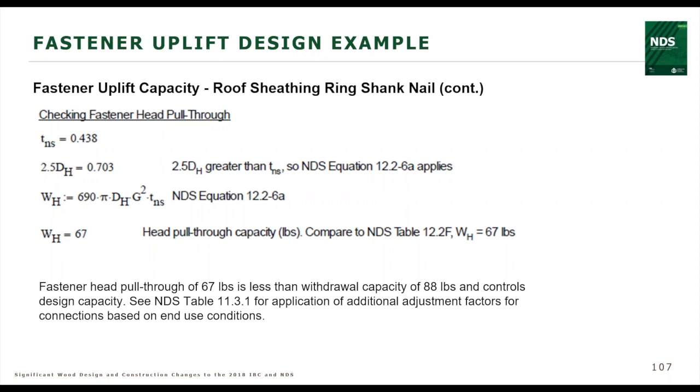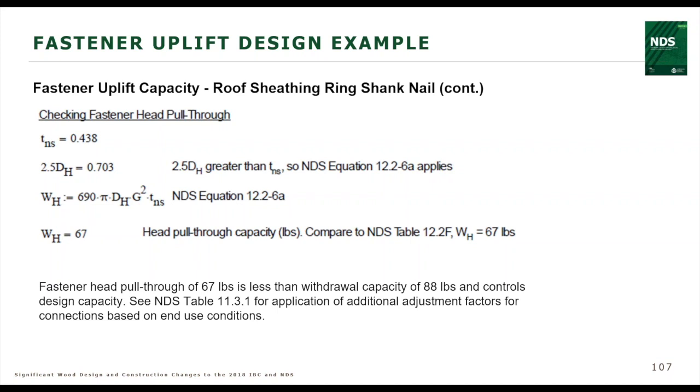Again, you can check it against the table or just pull it out of the table, but they're going to give you the same answer. It's the same regardless if you use the table or the equation, but it gives you a value of 67 pounds of head pull-through capacity.